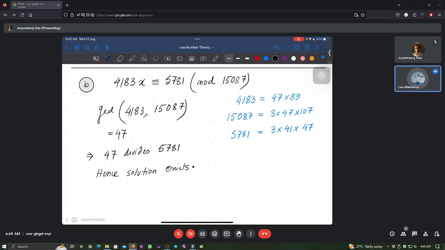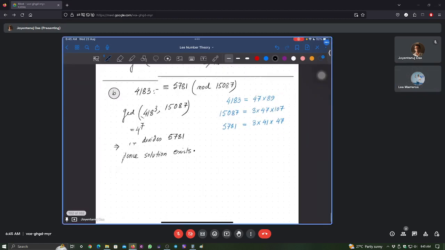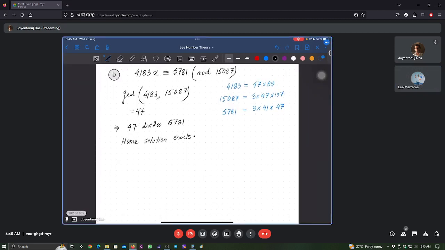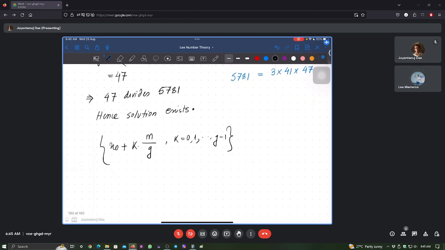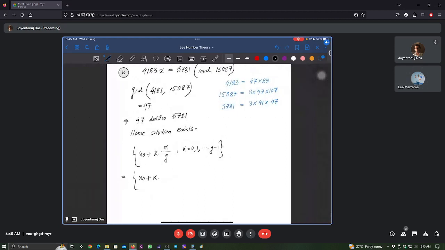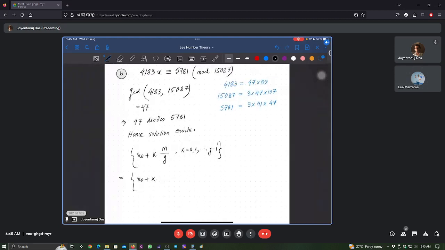We only have the formula. The formula is x0 plus k times m by g, for k from 0 up to g minus 1. Here x0 we don't know till now, but that is fine. And m here is 15087.